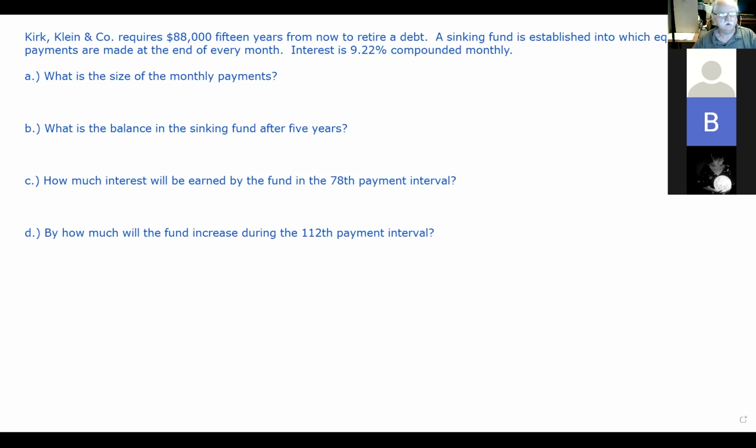So we are going to need to know i. 9.22% divided by 12.